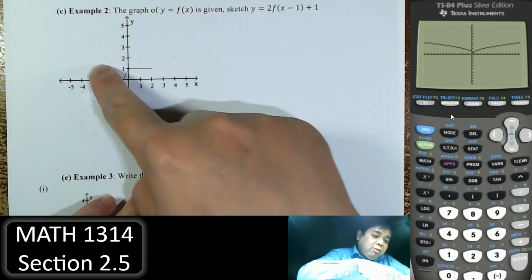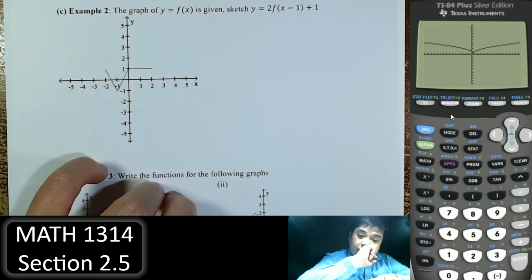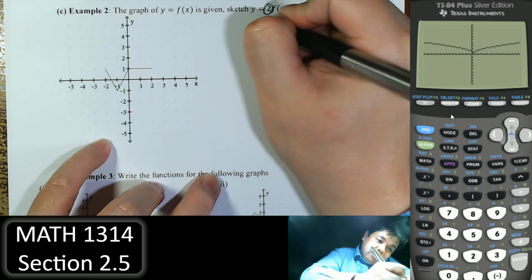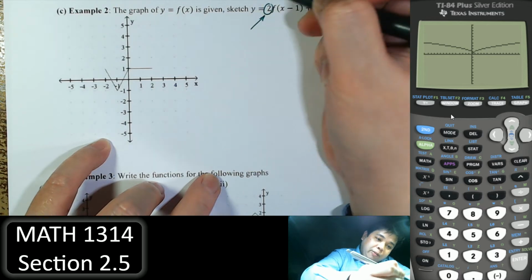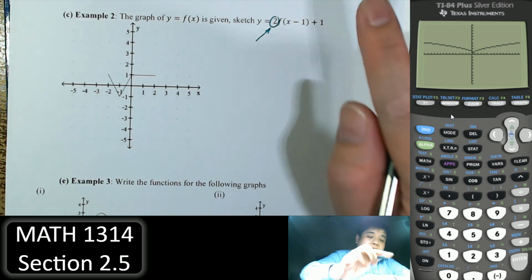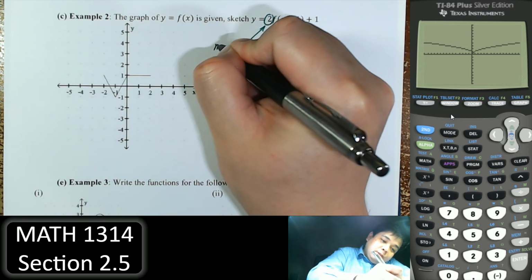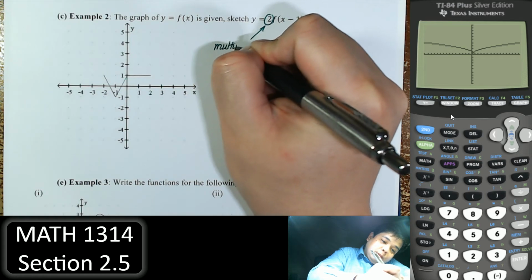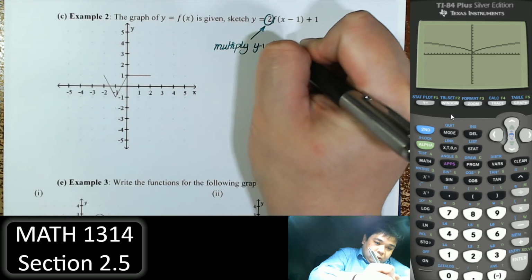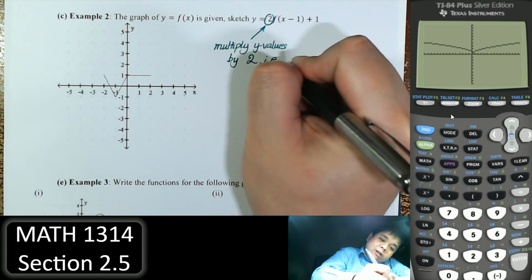Okay. So the graph of y equal f of x is given. So the graph looks like that. What we have here is multiply by 2. If we multiply 2 on the outside of f of x, therefore we multiply y values by 2. That means it's going to stretch.